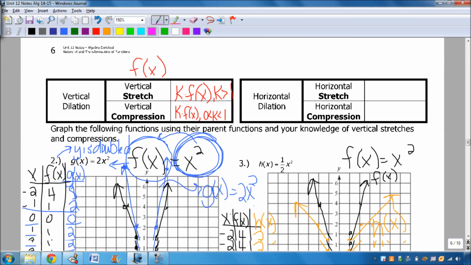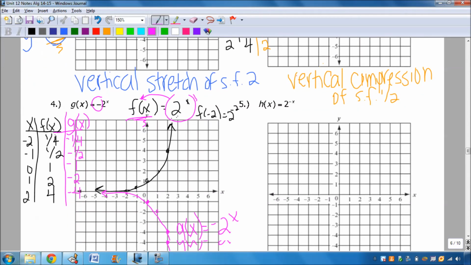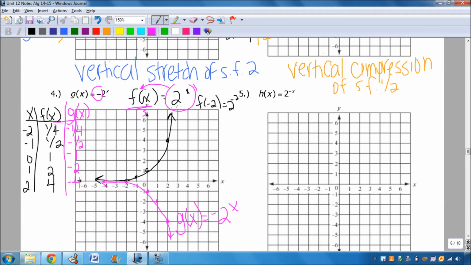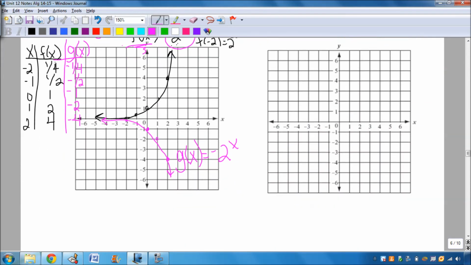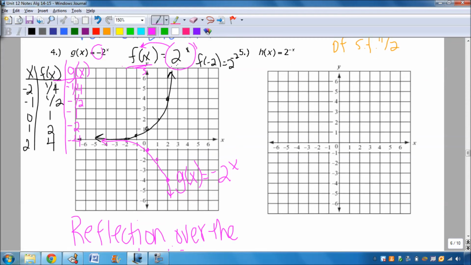So if our original function right here is f of x equals 2 to the x power, then -2 to the x power is -f of x, which means it's going to reflect in the x-axis, which should make sense to you. So we're going to call this a reflection over the x-axis.